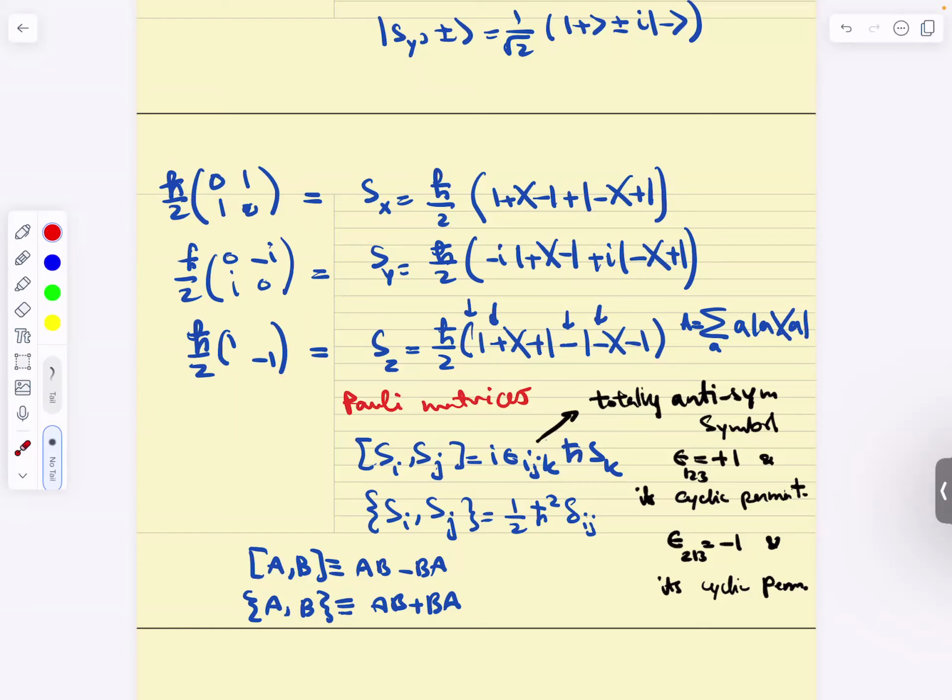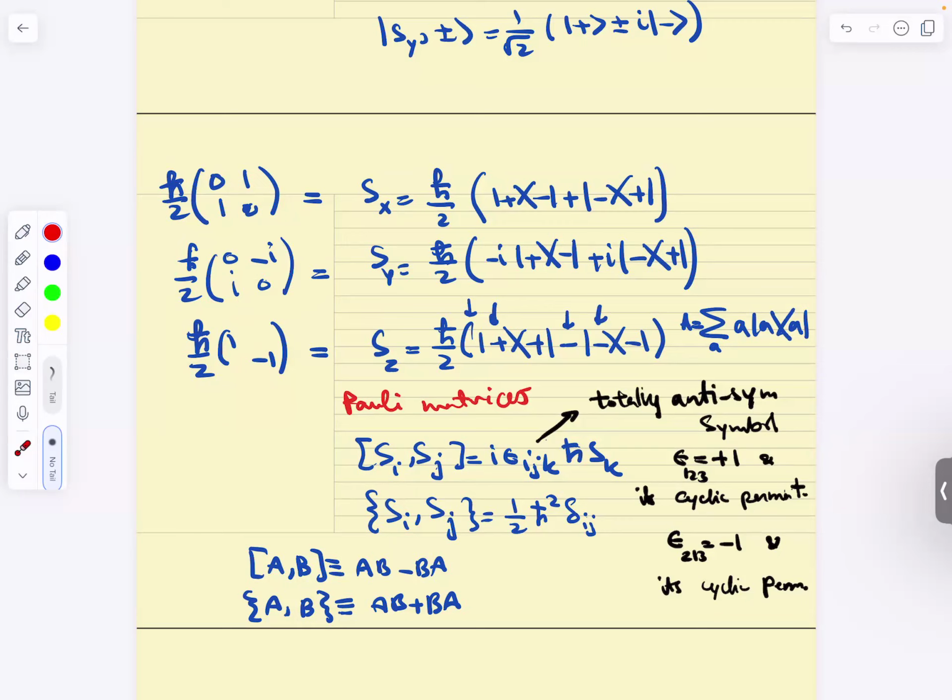This one doesn't have off-diagonal entries. This one has off-diagonal entries, but it's equal to its transpose. Now if you take the transpose of this one, you multiply this by -1. However, when you take the dagger, which is transpose followed by complex conjugation, this one remains the same. It is a Hermitian operator. Good.